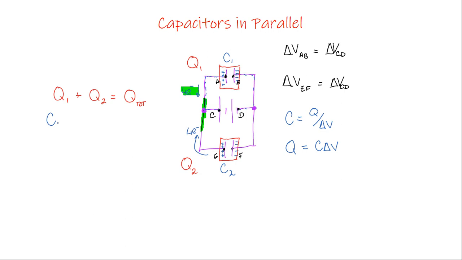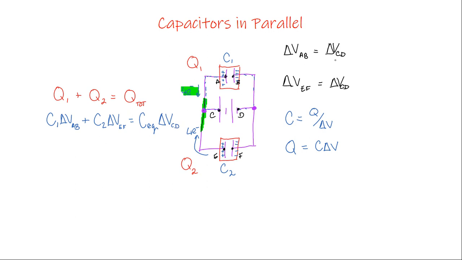So I get C1 times the voltage across capacitor 1, which we said was delta V AB, plus C2 times the voltage across EF. You could have just put 2 here and 1 here, that's just fine. And then over here, we put the total equivalent capacitance, the capacitance that these two are equivalent to, times the voltage across CD, which is the battery.